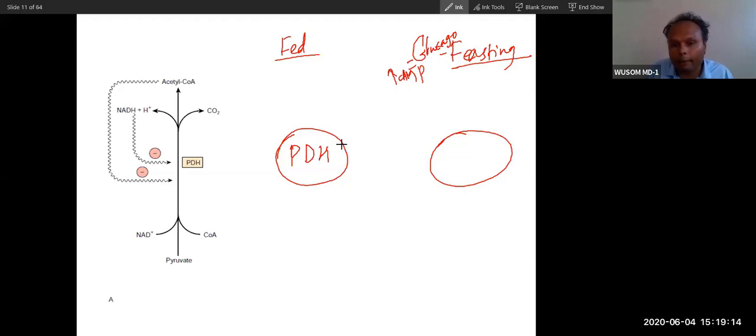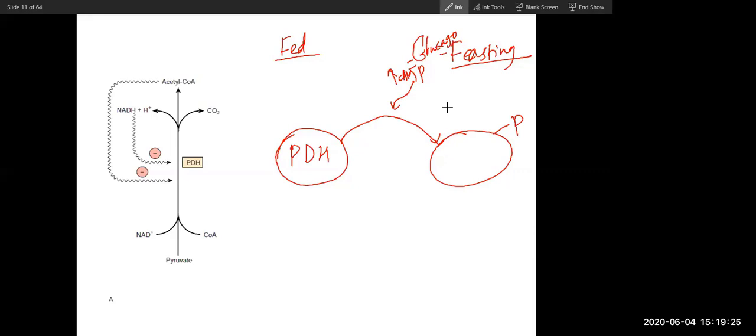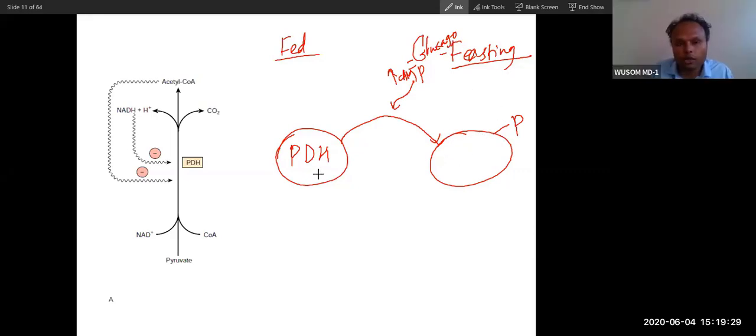So this cAMP will cause phosphorylation. Did you get this? Yes, sir. In fasting condition, it will be phosphorylated. Now, because we are getting food, it is dephosphorylated, it is active. The enzyme is capable of catabolism, capable enough to oxidize glucose.